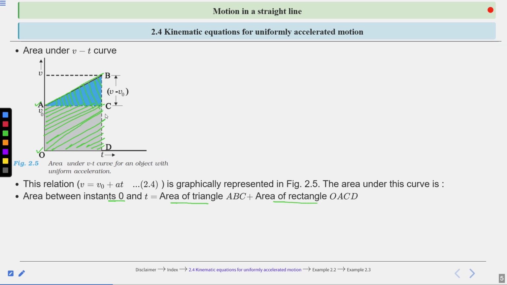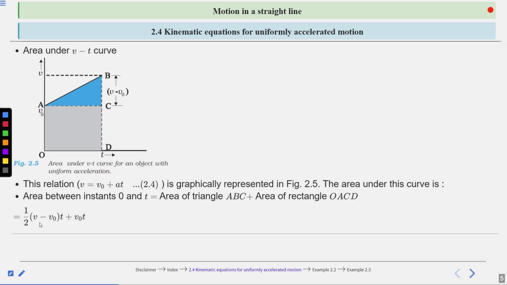So the area under the v-t curve represents displacement. Just substitute the values. It will be half of v minus v naught into t, plus v naught t.